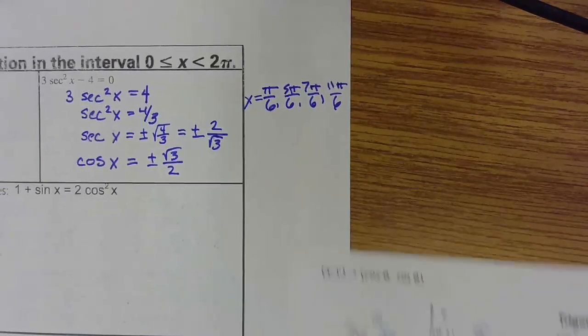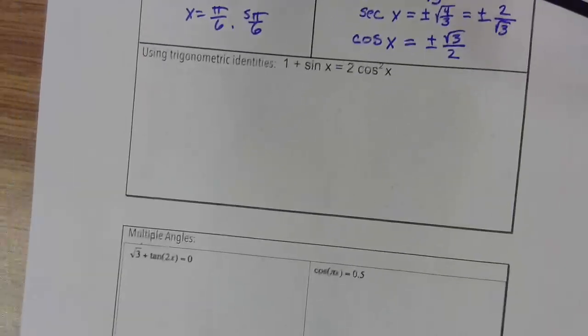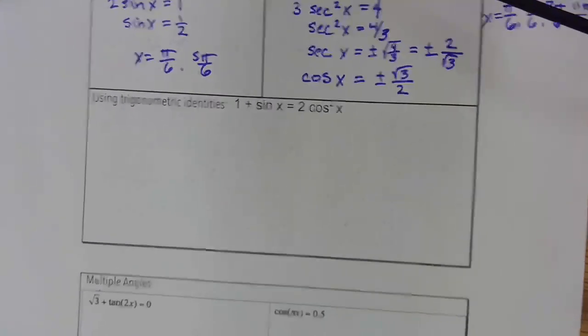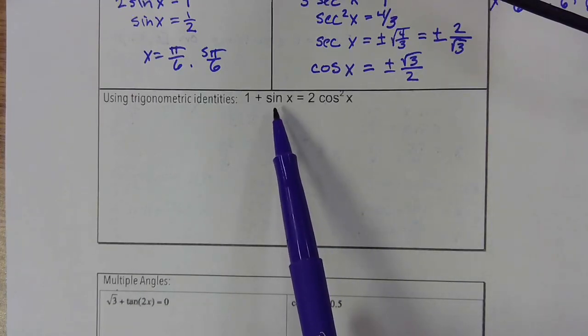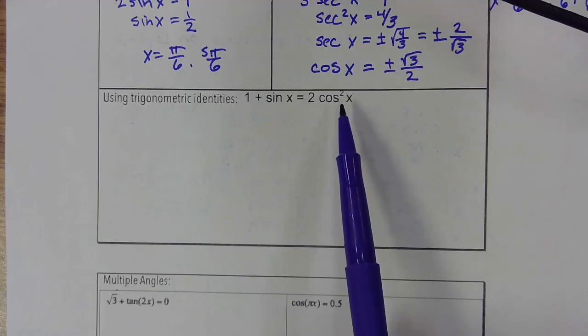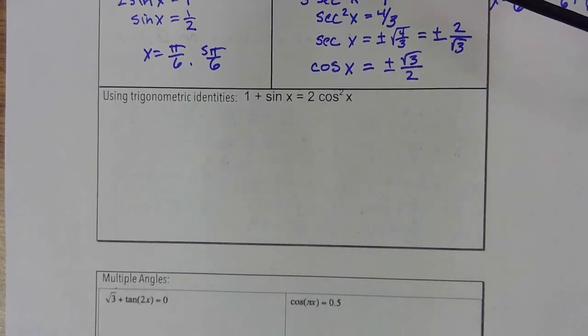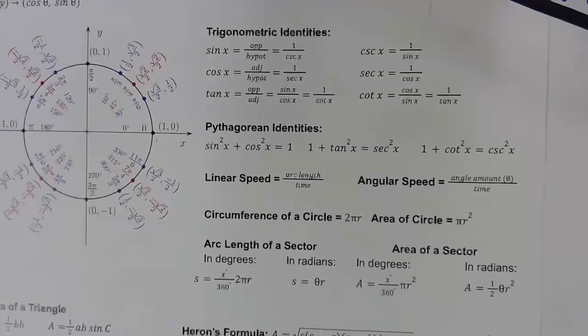Okay, now this is where it starts to get a little bit interesting, because as you can see on this one, before I had sine equals cosine, it was great. But now I have sine and then cosine squared, which is a little bit different. So guys, this is where this sheet starts to become one of your very best friends.